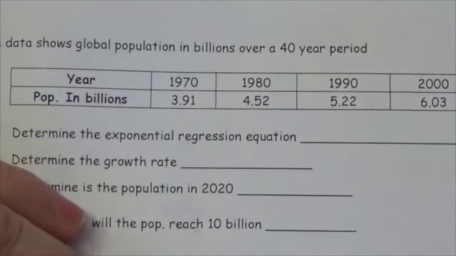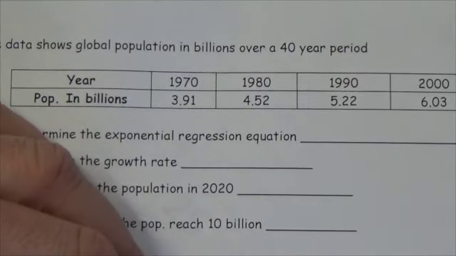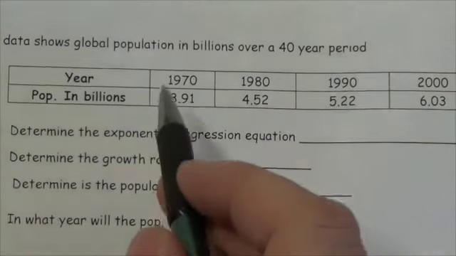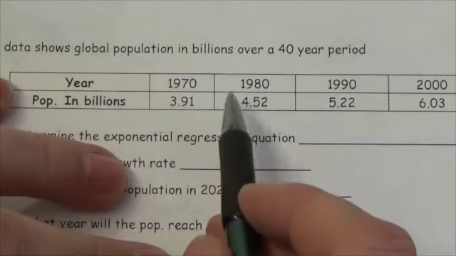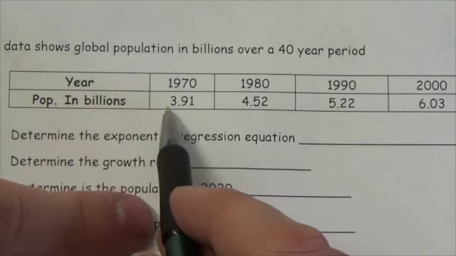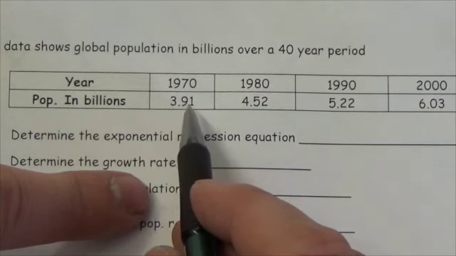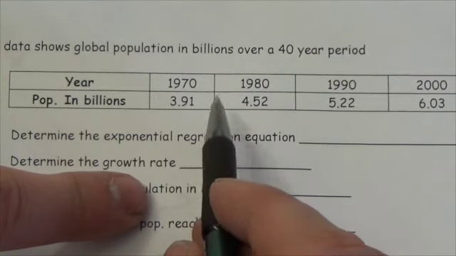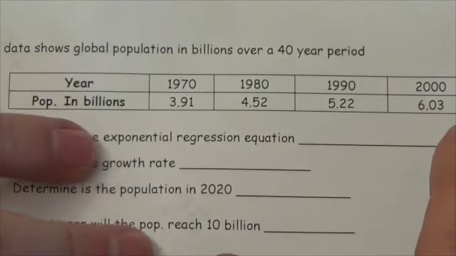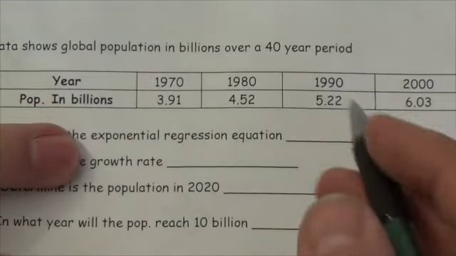Now, to enter this into your calculator, although it is totally okay to enter 1970 into the x-coordinate, 1980 into the x-coordinate, and maybe convert this into billions and write 391000000, and do it like that, we probably want to get a little bit more clever with this.